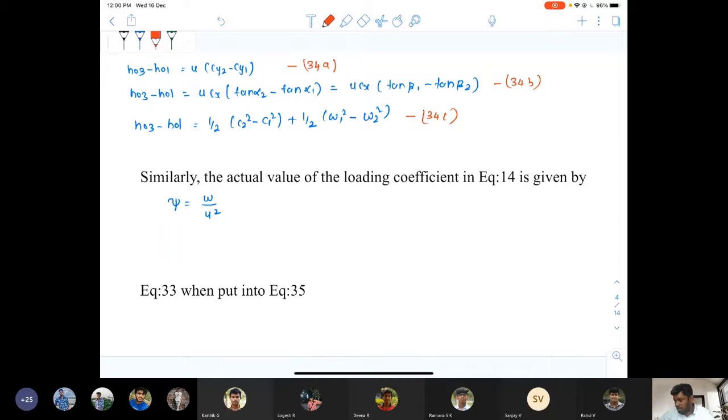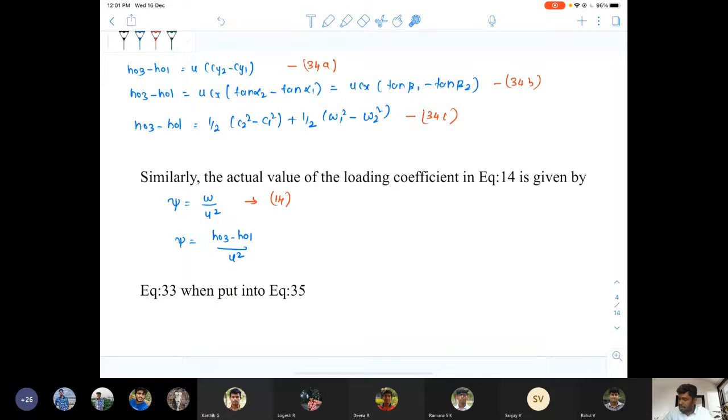Now, if you apply the value of W in equation number 14, you will be getting psi is equal to (H03 minus H01) divided by U square. That is, we have represented the value of W as H03 minus H01, and we have substituted it in equation number 14, and you have attained this equation.